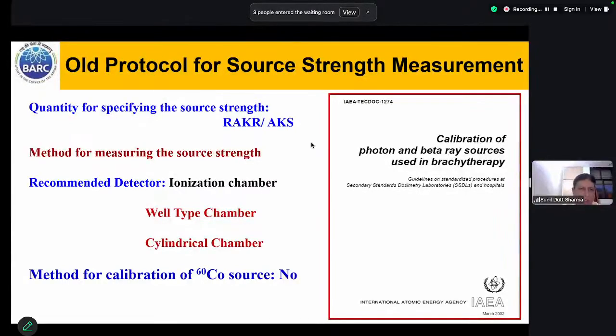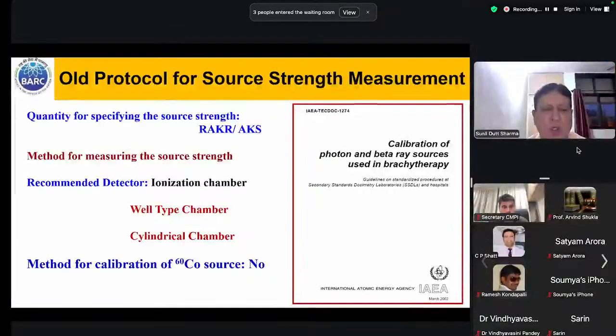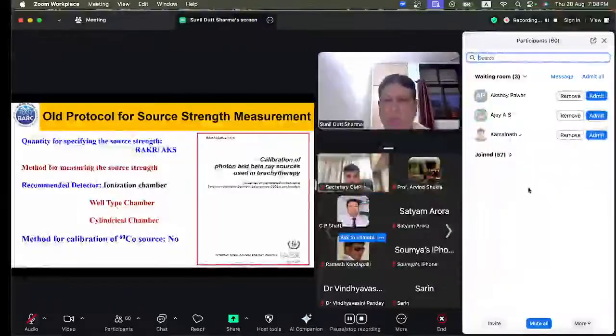Both are acceptable. The method for measurement of the source was also prescribed. They recommended the use of an ion chamber. It is the choice of the user whether to use a bell type ionization chamber or a cylindrical ionization chamber, because the method depends on the detector. Both of these approaches were acceptable by this guiding document.